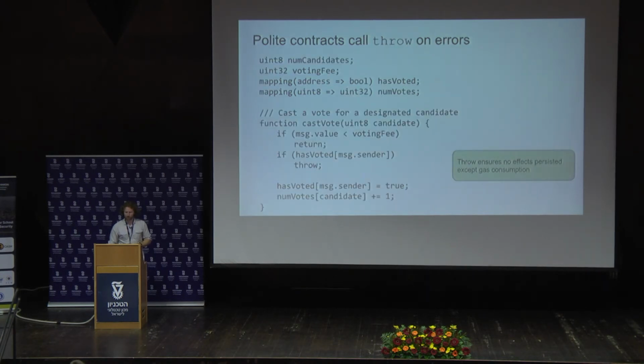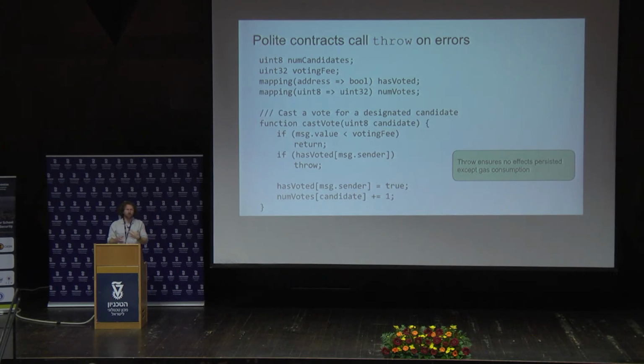OK, so generally, in your contracts, whenever code is called, you usually start by seeing who called me, are they allowed to, et cetera. Is this a valid thing to be doing? And there's this nice, well, I think throw has actually been replaced by a couple of other things now, but this is the old way to do it.